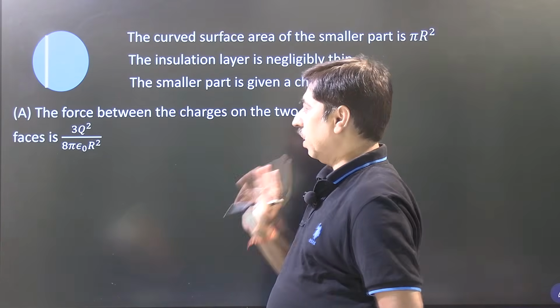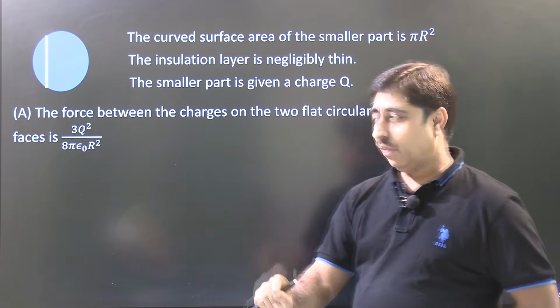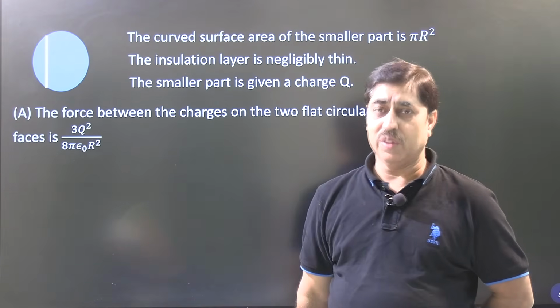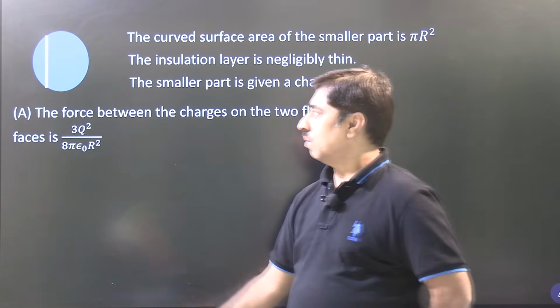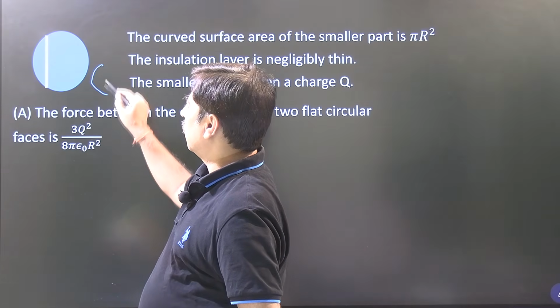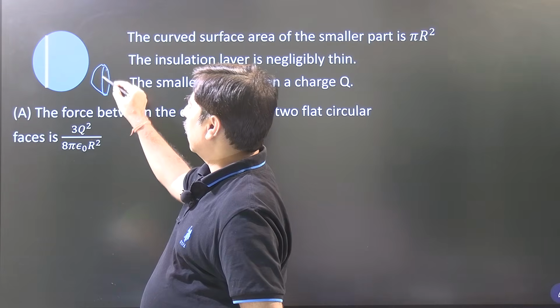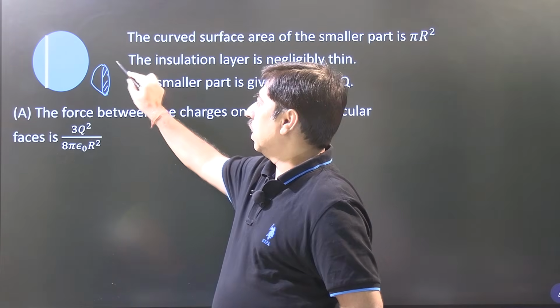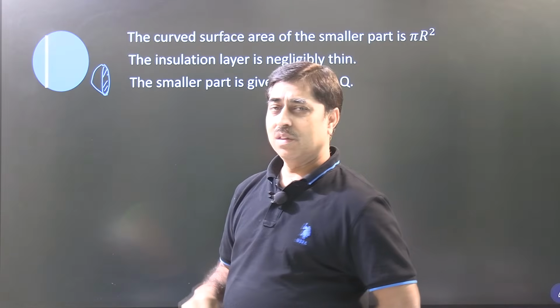Read this statement carefully. Force between the charges on the two flat circular faces. What is the meaning of flat circular faces? If you cut this sphere into two parts, this is one part, this is the flat circular face. It is having some induced charge on it, and then there is the other part of the sphere.